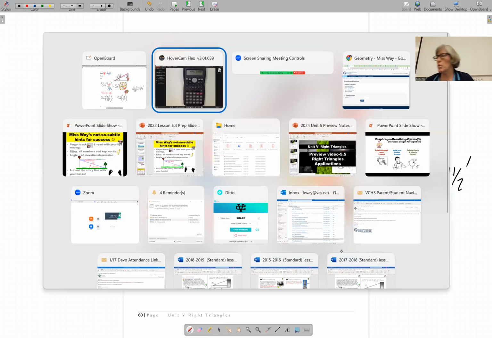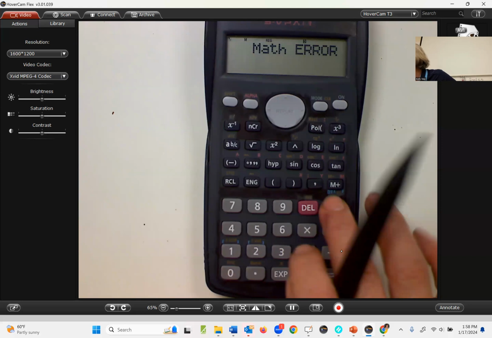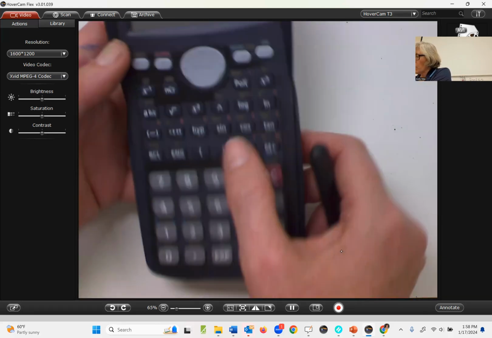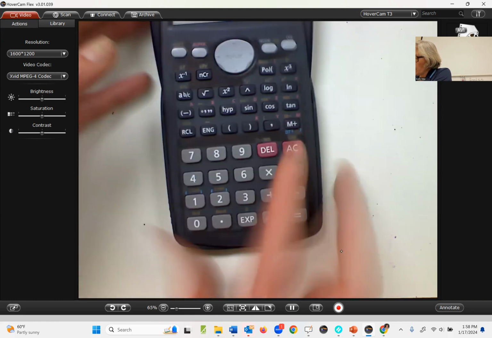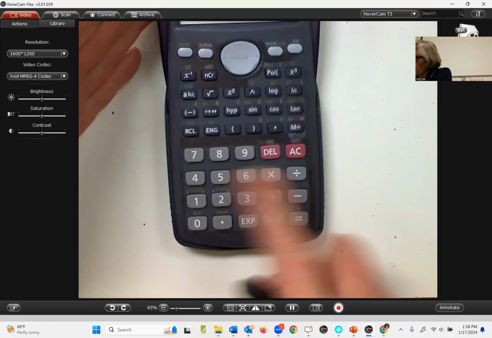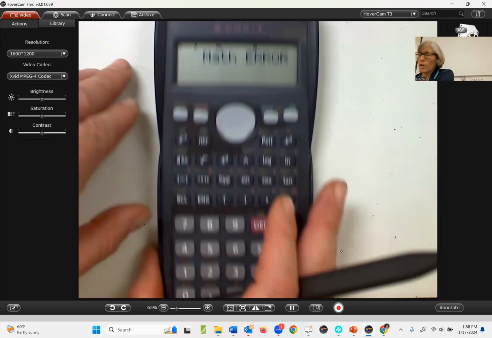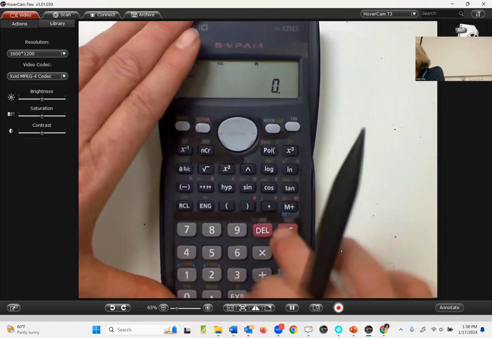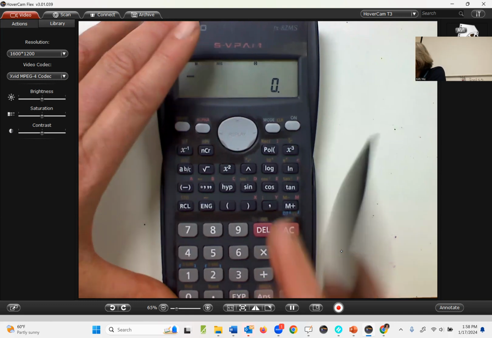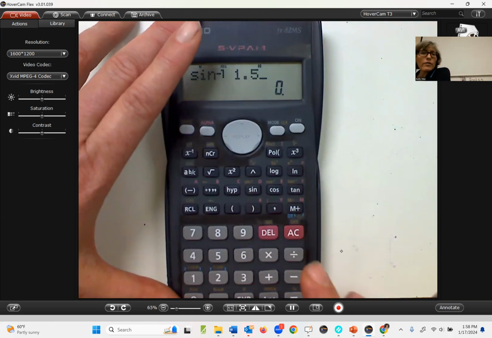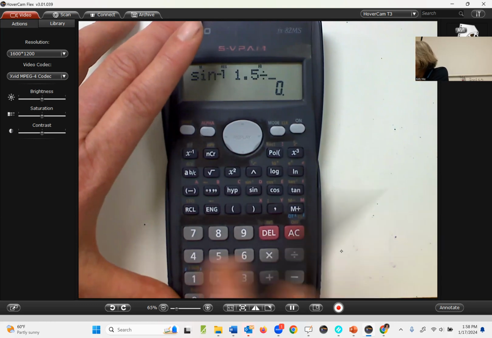So we are going to do inverse sine, shift sine, 1.5 divided by 4, and you will see the degrees right here. Let's clear that from the previous one. Okay, shift sine 1.5 divided by 4.